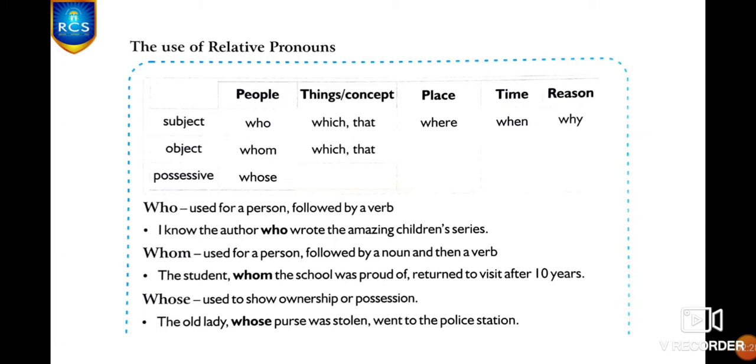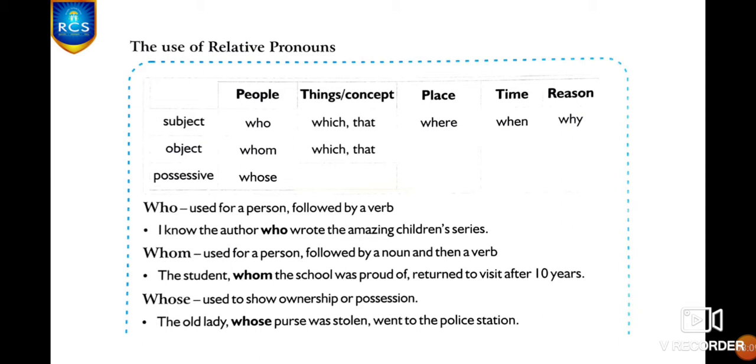And the use of relative pronouns, here they have given you: subject, for people, who; for things or concept, which, that; for place, where; for time, when; for reason, why; and object, for people you have to use whom, and for things or concept, which and that; and for possessive you have to use whose.